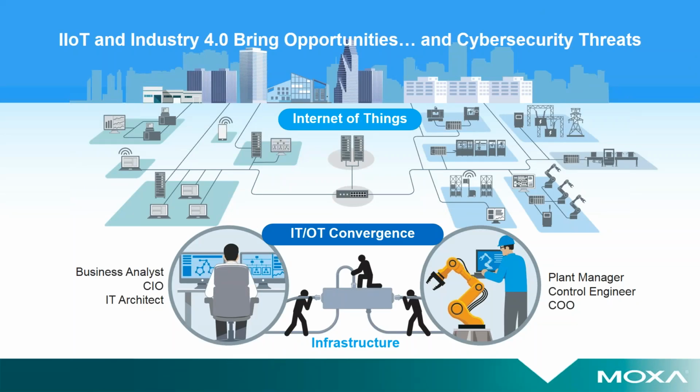So the two big things that we see consistently over the last few years that have impacted security from an operations technology standpoint are the Internet of Things, or industrial Internet of Things, where we're seeing more and more industrial devices connected directly to the internet.